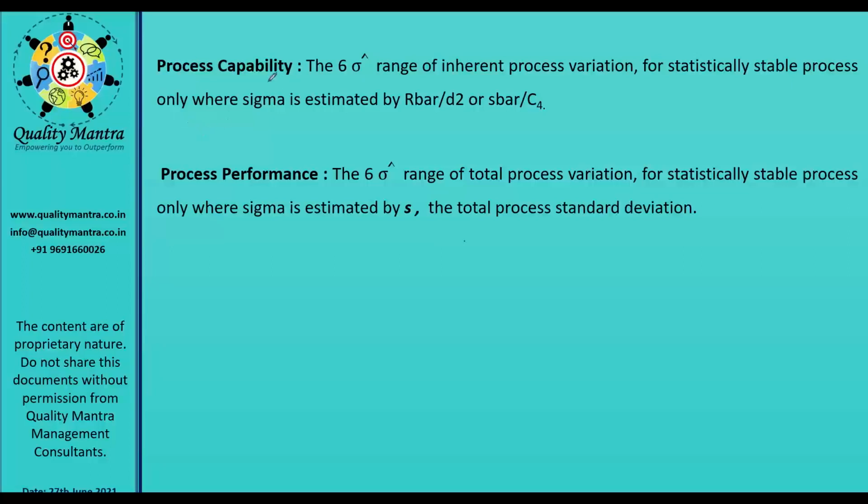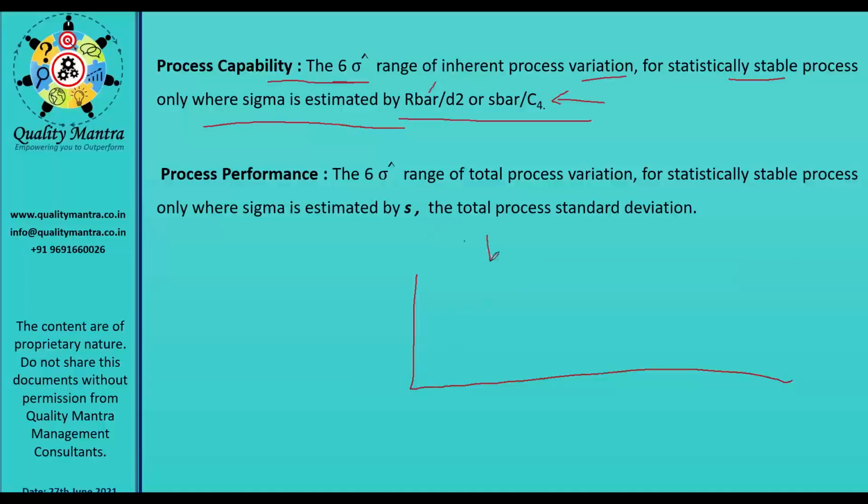So for process capability, the Six Sigma range of inherent process variation for a statistically stable process only, where sigma is estimated by R bar by D2 or S bar by C4. That's why we need to use the control chart. This value of R bar by D2 you will come to know from the control chart only.